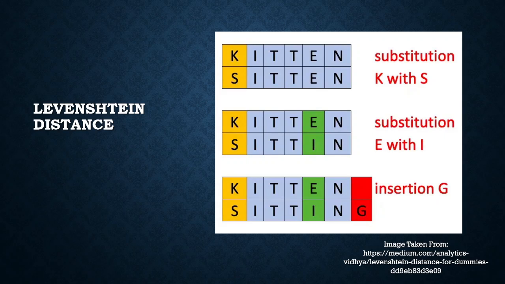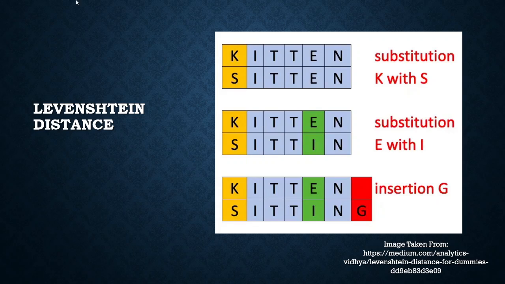For our second example, we have the idea of taking the word kitten to sitting. All right. So if we look at the first set here, the idea is that we're going to substitute the K for an S. And then we keep going and iterate: first iteration, K to an S; second iteration, I as an I, T as T, E as an E, N as an N. Actually, I need to change the E to an I. So here I'd substitute the E for an I, and then we have an N, and then we get to our final stage where we need to add a G. All right.